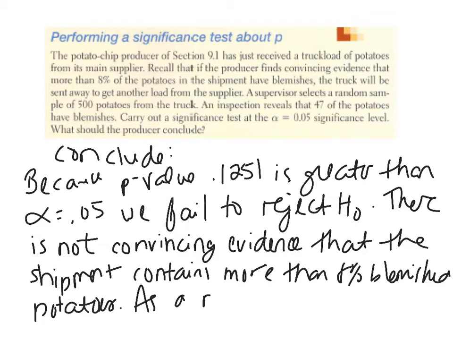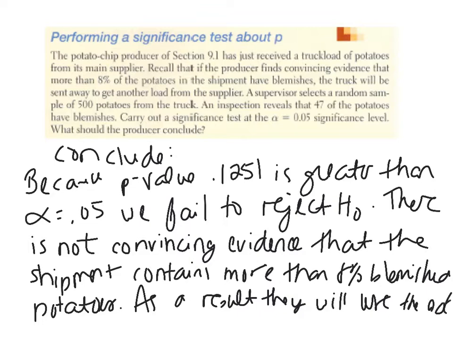As a result, they will use the shipment to make chips. Okay, so then I'm going to run out of room for that. They will use this shipment to make chips. They will use, let's just do this.